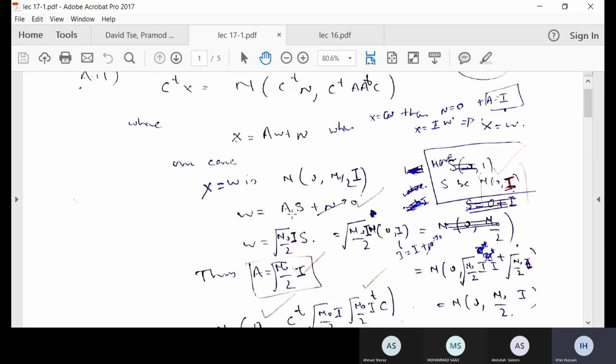I just have to find the value of A so that I can write it in terms of the standard random variable. Once I get my A, I will put it here and hence get the result of multiplying the transformed Gaussian standard random vector with another vector. S, we all know, is N(0, I); it is a standard vector.